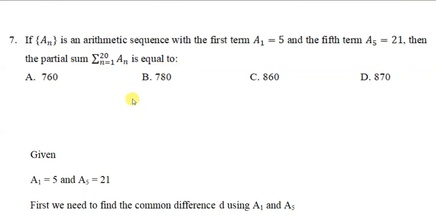Now the first thing is to identify what is given and what is required. Here, as you can see, a1 is given, the first term is 5, and a5 is also given, the fifth term is 21, and we are also told that an is an arithmetic sequence.